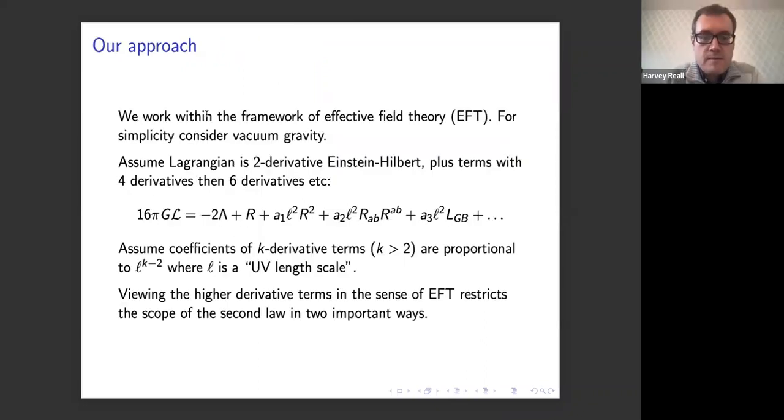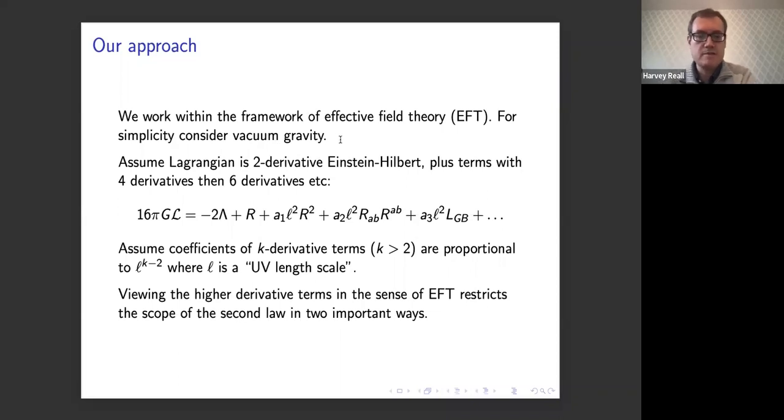Okay, so let me come to what we've done. The new thing that we've added to this story is to put everything within the context of effective field theory. So I'm going to spend a few slides explaining what we've done in this situation. Let's, for simplicity, just consider vacuum gravity.